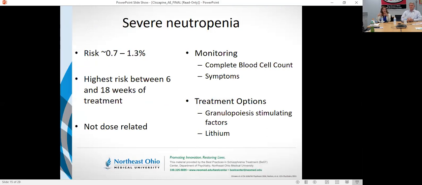But if there are patients whose counts tend to run a little bit low, there have been reports of success in adding granulopoiesis stimulating factors, those factors that will actually stimulate the production of neutrophils, or the use of lithium. Lithium concentrations of anywhere from 0.4 to 1.1 have been found to assist with the development of white blood cells. So they've both been used in conjunction with clozapine to help boost those neutrophil counts.